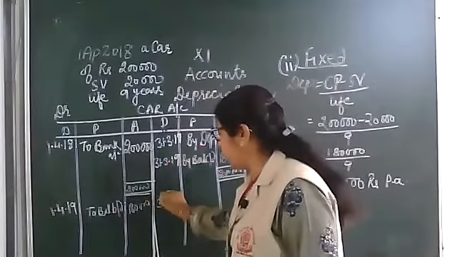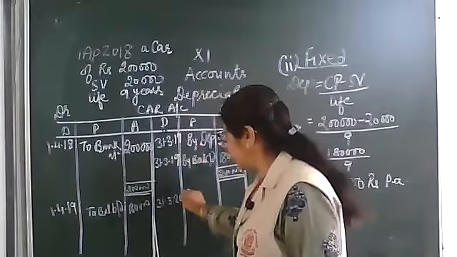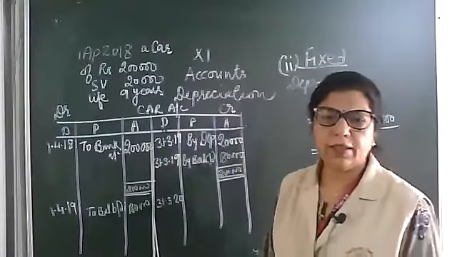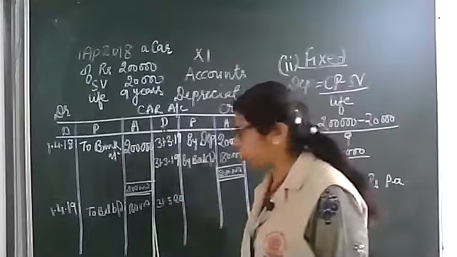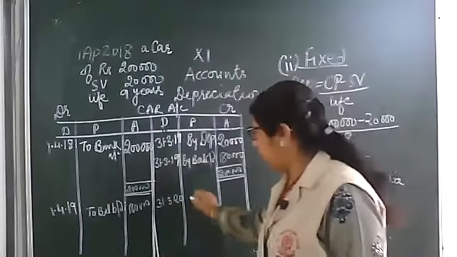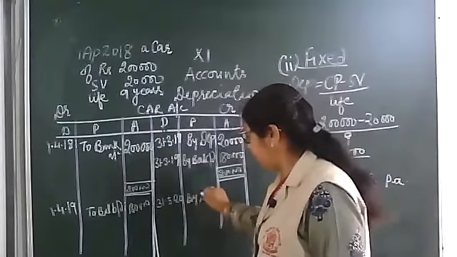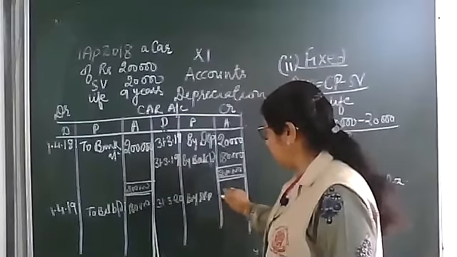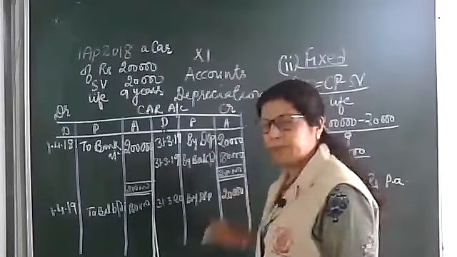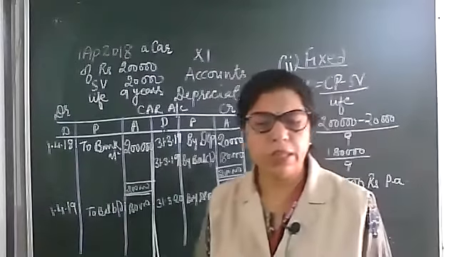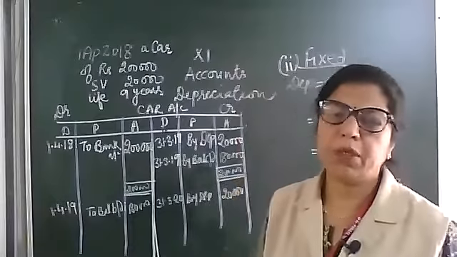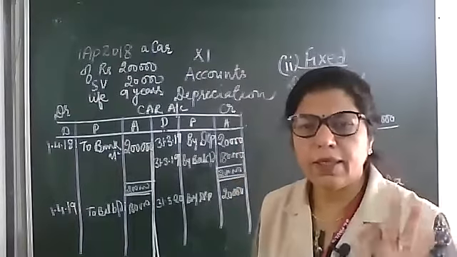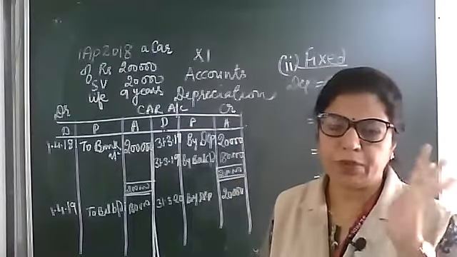Then 31st March 20, because the year ends on 31st March 20, by depreciation account, again 20,000. Why again 20,000? Because this is the fixed method of depreciation.